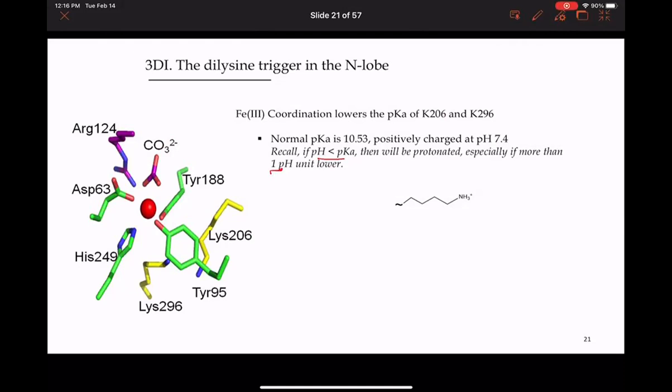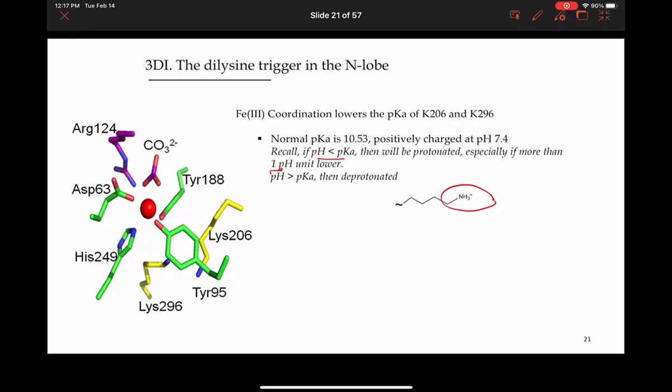Right? So that's just a reminder. But then the opposite. If the pH is higher than the pKa, your residue is going to be deprotonated. And if it's 1 unit higher, it's going to be fully deprotonated. Right? So that's something that's important to recognize. So at a pH of 7.4, we would expect lysines to be protonated.